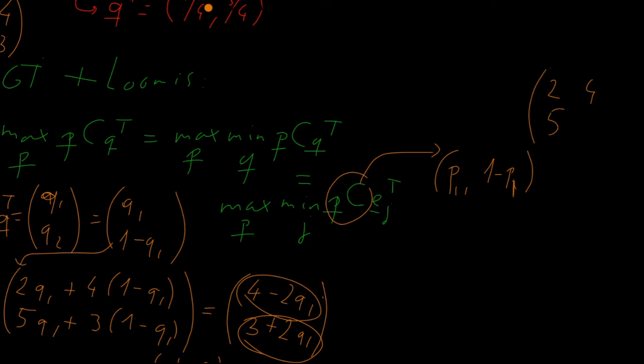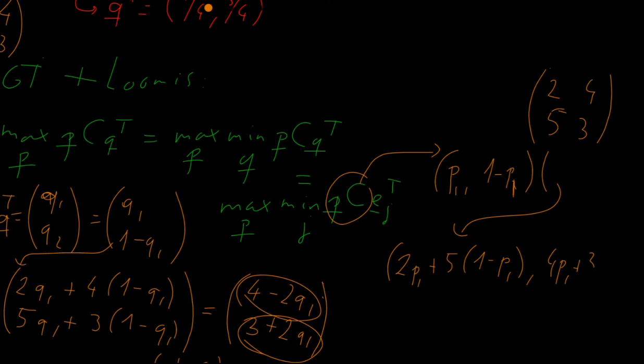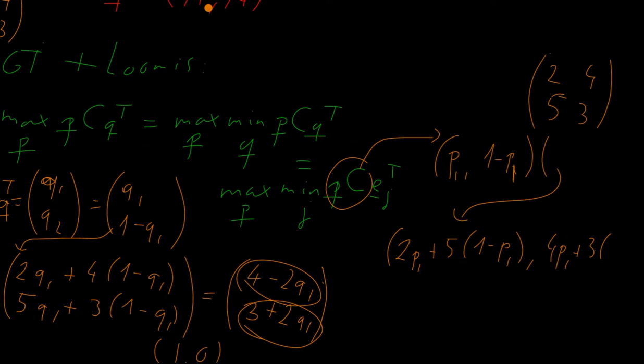I'm just writing it here. So this one is 2P1 plus 5 times 1 minus P1, and the other one is 4P1 plus 3 times 1 minus P1.